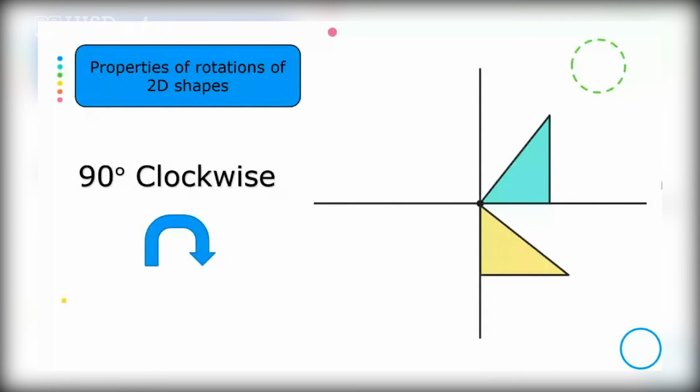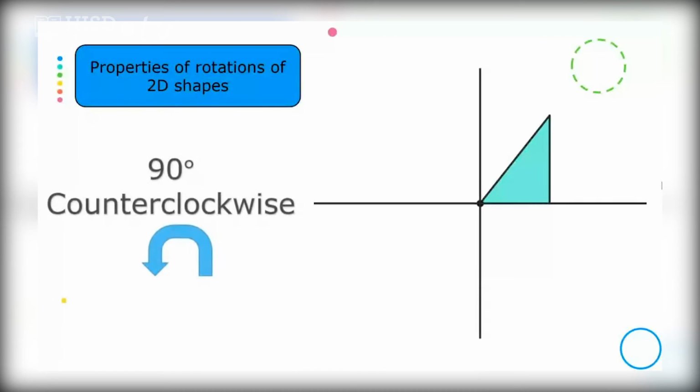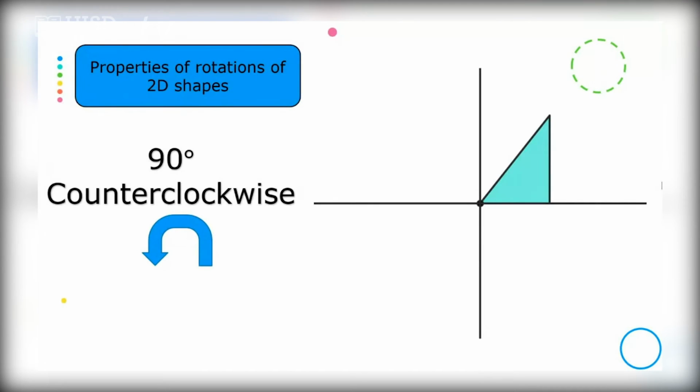The second type of rotation is going to be a 90 degrees counterclockwise rotation. And this means that it's going to move again only one quadrant, but now it's going to go against the movement of the clock. So now my new image is going to be on quadrant number 2.